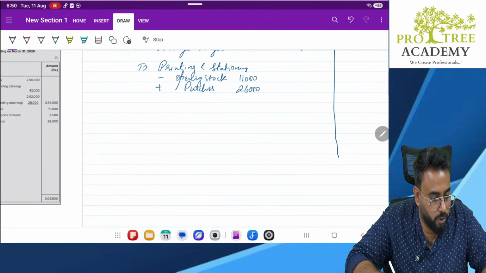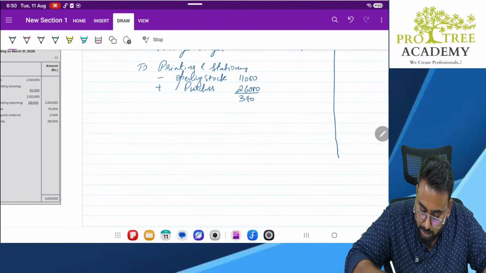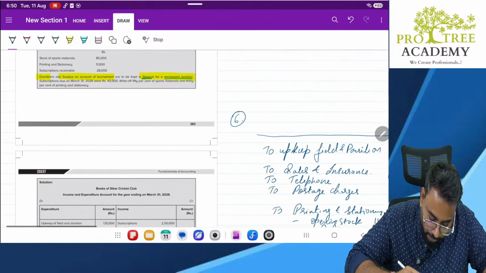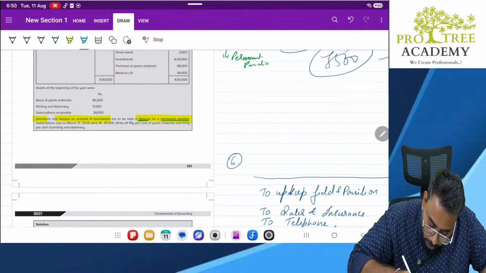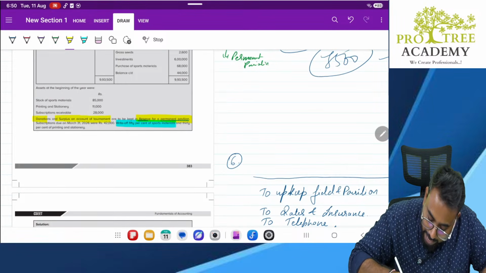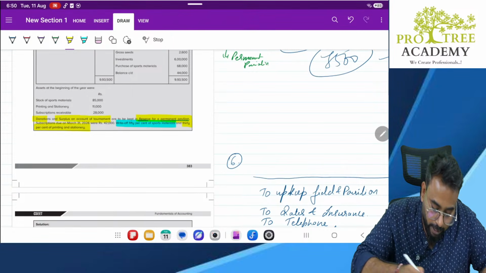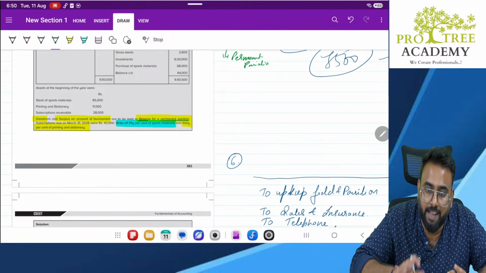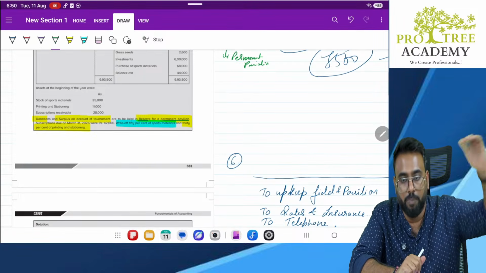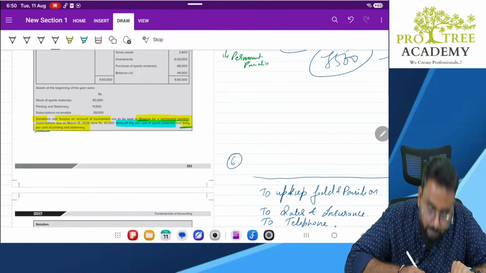Next, total 37,000. Now, come to the paragraph. What have they told? Write off 50% of sports material and 30% of printing and stationery. Write off means out of whatever purchases and opening stock we have in the stationery, in that 30% should be written off.